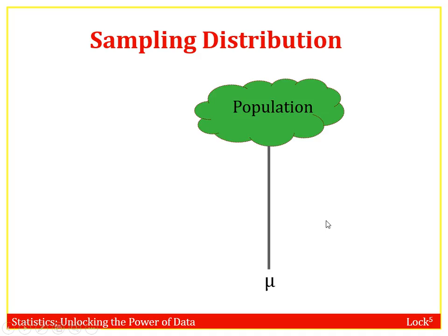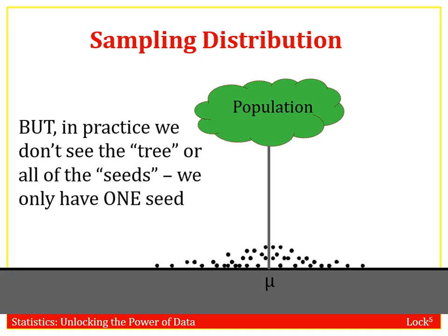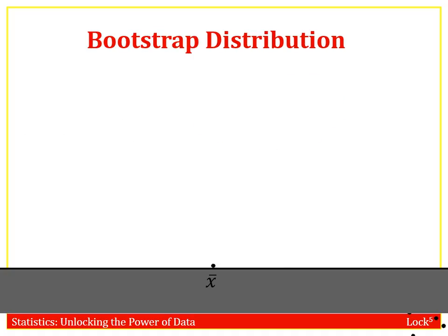So our population has a given mean or proportion. In this case, we're saying mean. And then we take a sample, we take another sample, we continue to take samples, and we do that many bootstrap samples, and they really are these little seeds dropping down out of our population.